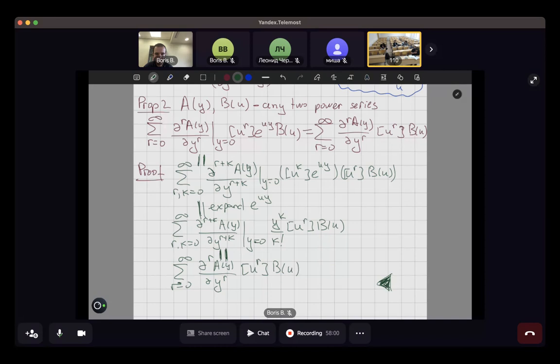Тогда это был step 2. And step 3 is about the connection between L and phi, and let me leave it for the seminar.